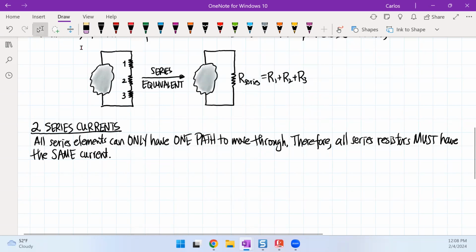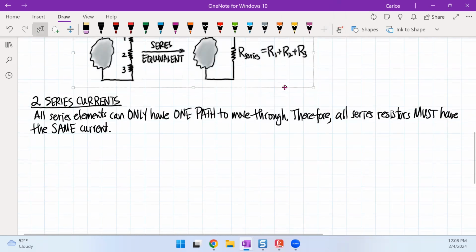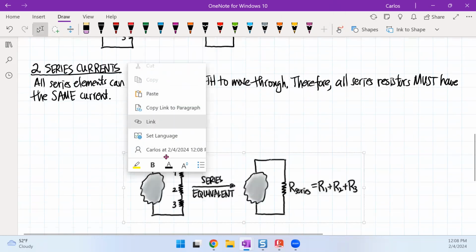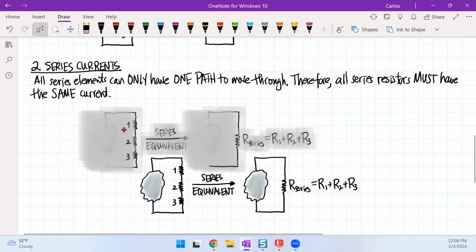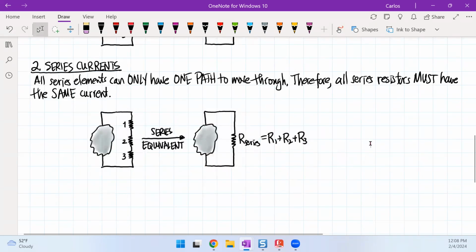So again, if I take these circuits right here, and I'm just going to modify these, but it's the same idea because we're talking about the same circuit here. So what we're seeing here is that I could imagine that I have a branch current that's coming in. Now, each of these resistors has one current that flows through them.